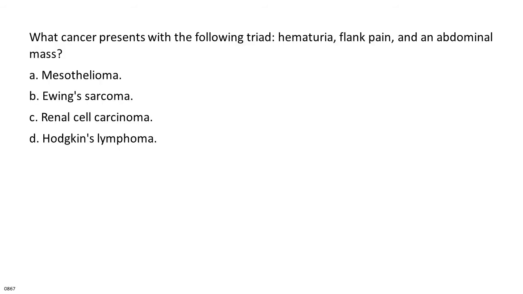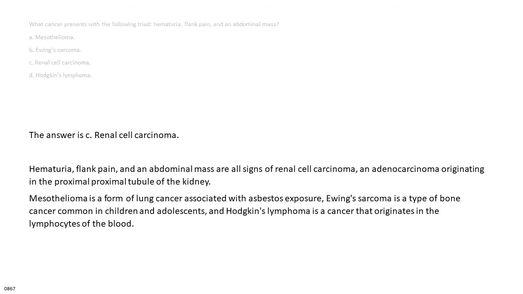What cancer presents with the following triad: hematuria, flank pain, and an abdominal mass? A. Mesothelioma. B. Ewing's sarcoma. C. Renal cell carcinoma. D. Hodgkin's lymphoma. The answer is C. Renal cell carcinoma.